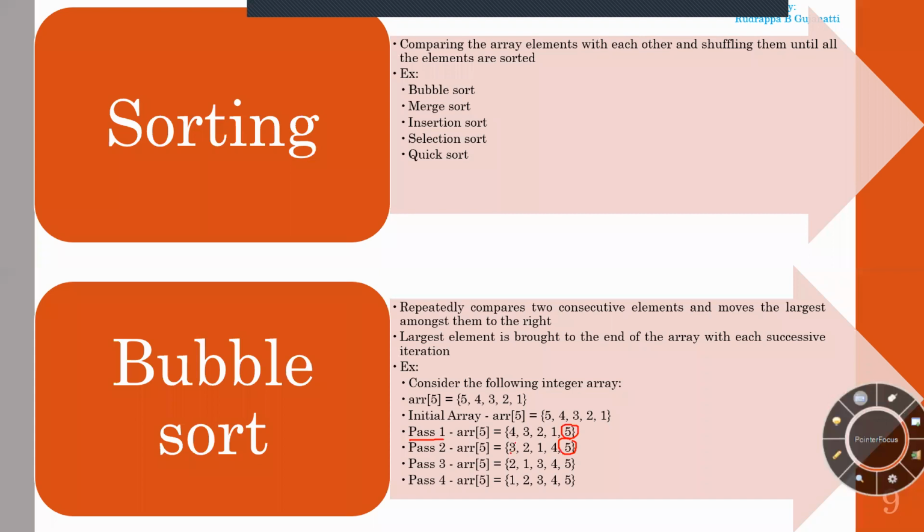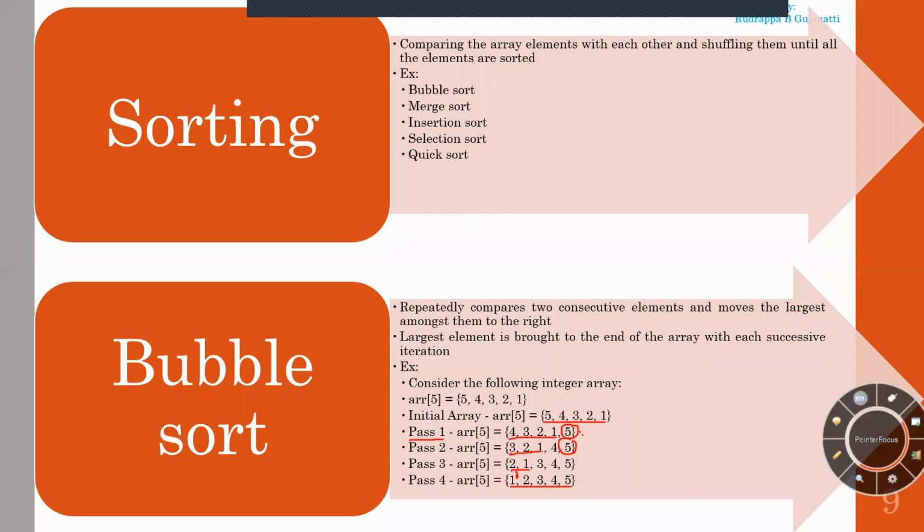In the first iteration, we compare all these 5 elements. In the next iteration, we compare 4 elements, then 3 elements, then 2 elements, and based on that, we'll be having the sorting.